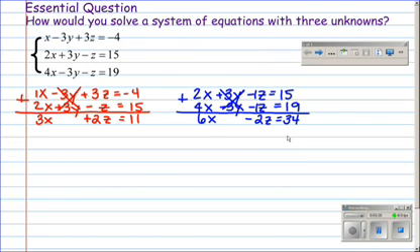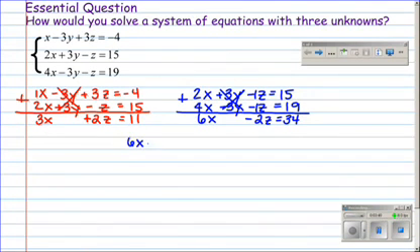So now we're looking at two equations. 3x plus 2z equals 11. 6x minus 2z equals 34. Those two equations each only have an x and a z. So now we're dealing with two equations instead of three equations.